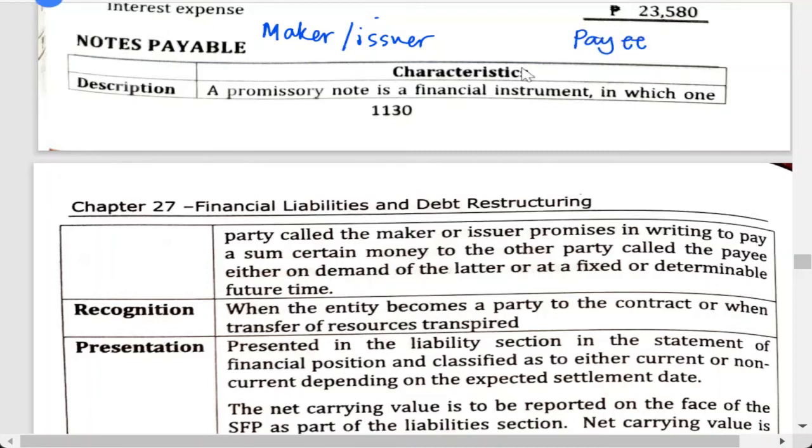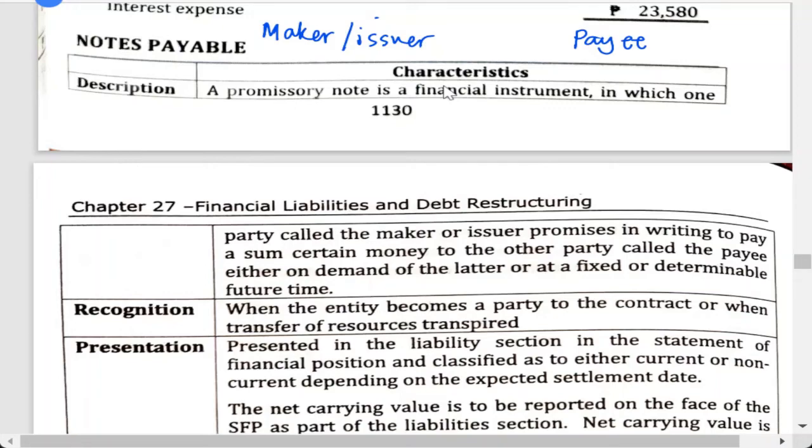They are the one who will receive the payment from the maker or the issuer by the time the debt is paid. So it is the same as bonds payable because there is a promise to pay and a certain amount of money that should be paid. And if the agreement entails interest, then the interest is paid. But if not, it can be just the principal that is paid.